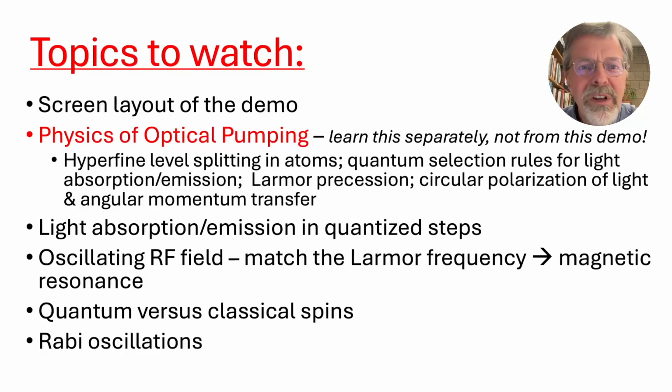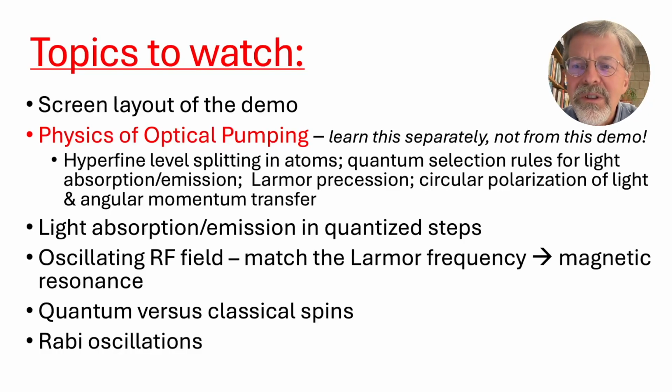Then there's the phenomenon of Larmor precession, where we can apply a radio frequency magnetic field to induce the atoms to rotate away from the original magnetic field direction, which has consequences for the amount of light that comes through the sample. As part of that, we have to understand how circular polarization of light arises.